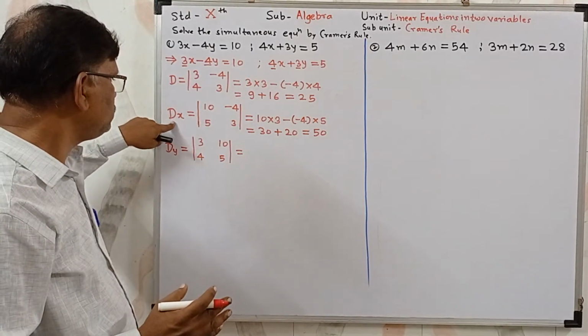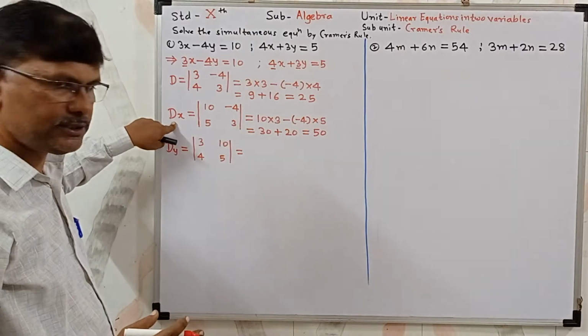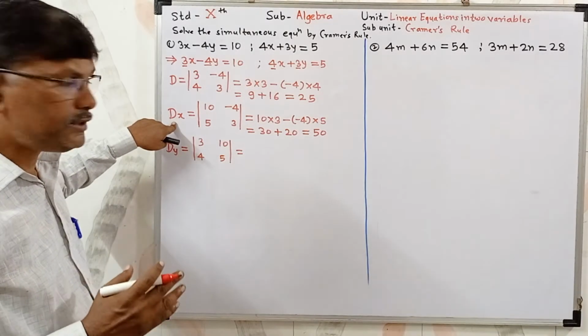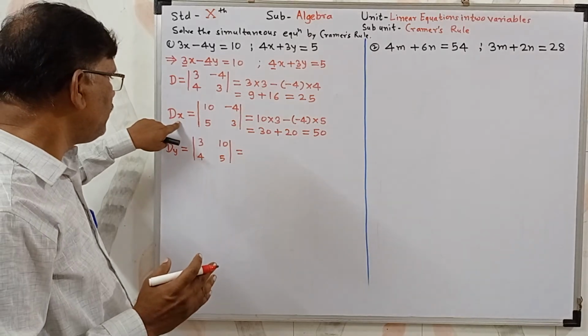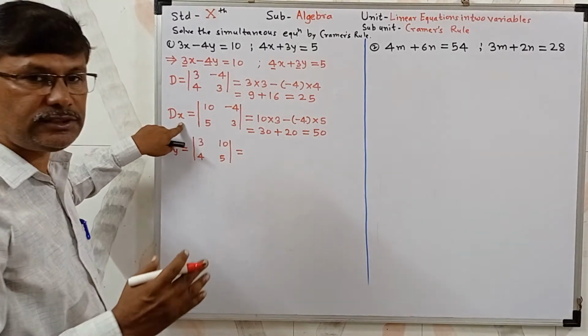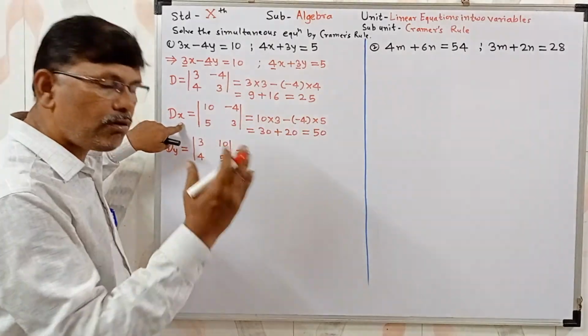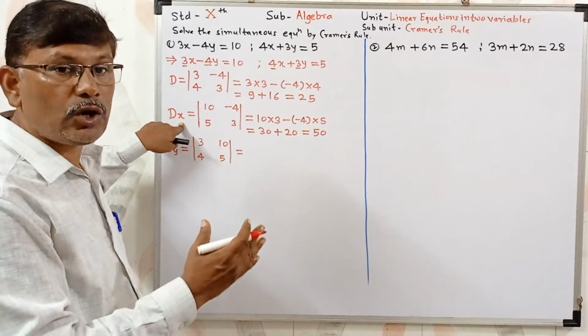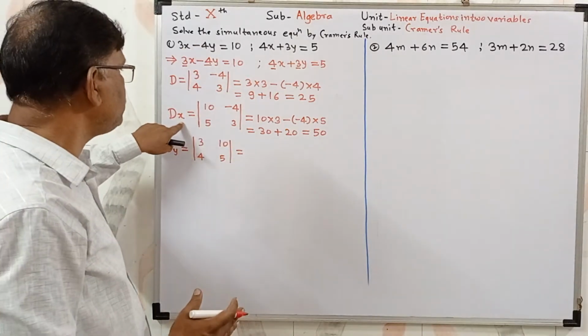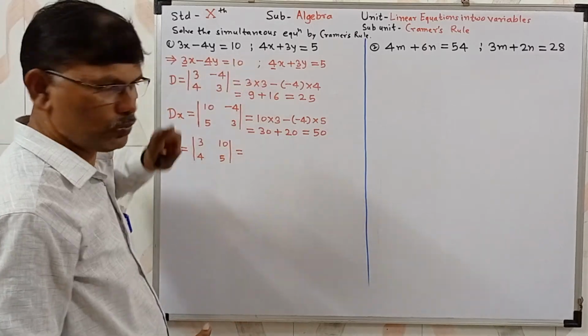In determinant Dx, we must omit the coefficient of x, that means a1, a2.